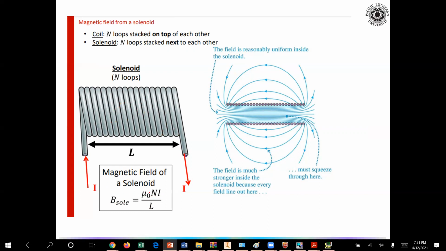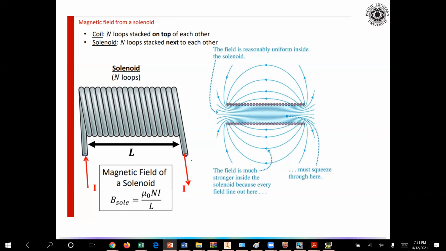The interesting part here is that the magnetic field of the solenoid doesn't depend on the radius of the loops. Whether they are small or big, it is totally independent of the radius, which is very interesting.